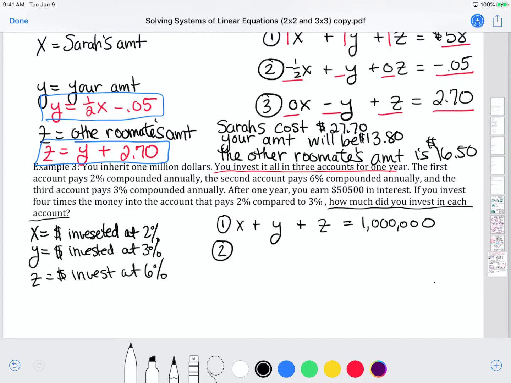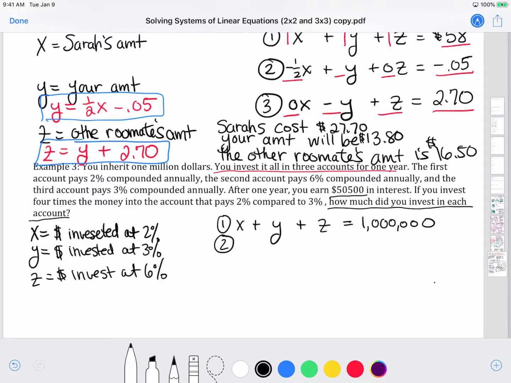Now it says the first account pays 2%, the second account pays 6%, and then the third account pays 3%, and you earn, after 1 year, $50,500 in interest. So that means if I take 2% of the amount invested in the X account, 3% of Y, and 6% of Z, those are my interest values.